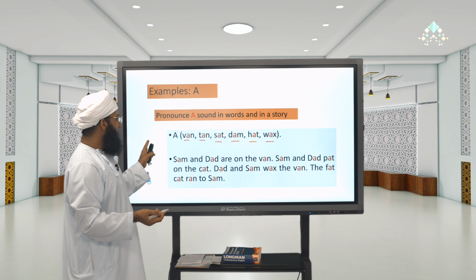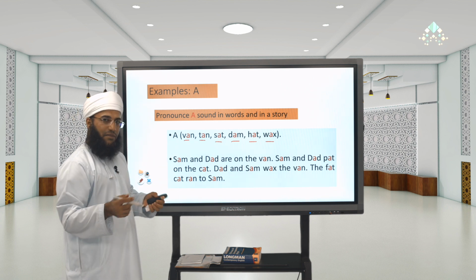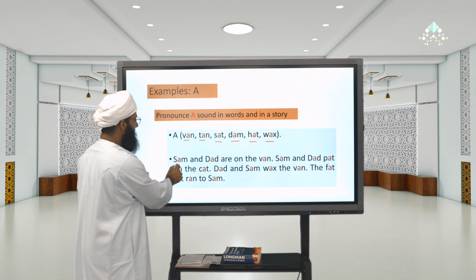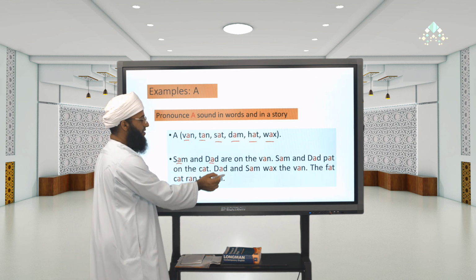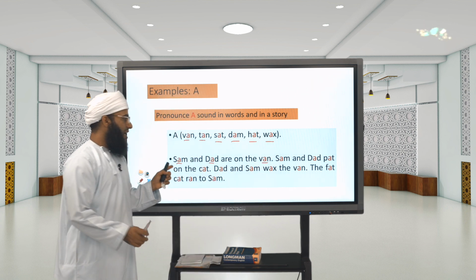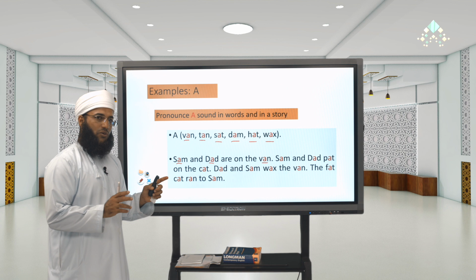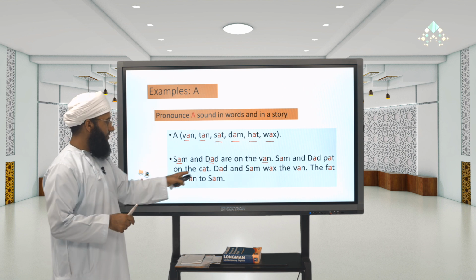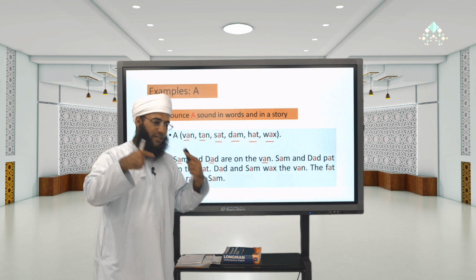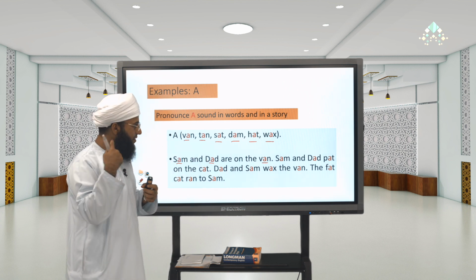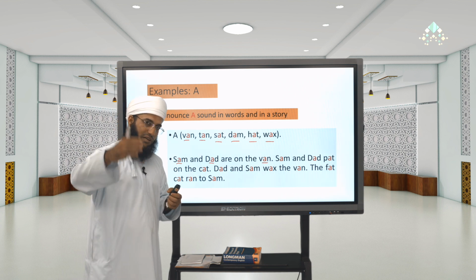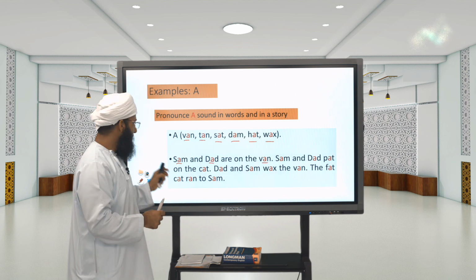Now, I will read this and I want you to repeat after me or to read it with me. Sam, see? We are stressing the sound. Sam and Dad are on the van. Look at the story. It's a short story just for you to hear the sound in a number of words so you can repeat it, pronounce it. So please repeat after me.